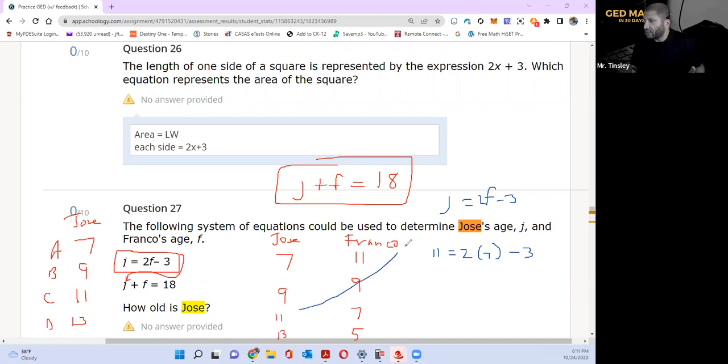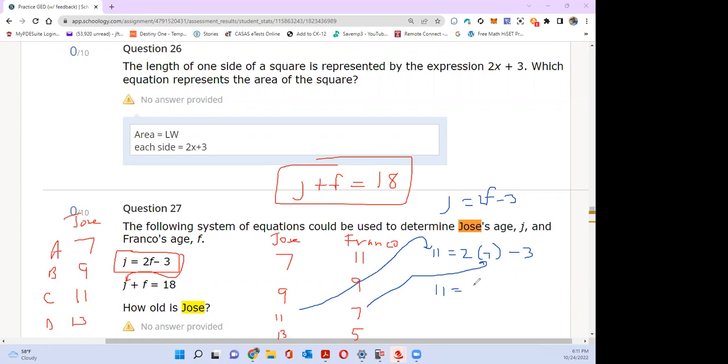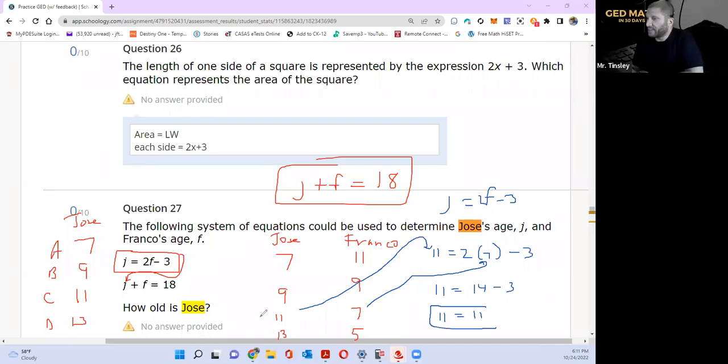So the 11 is J, the 7 is F. 11 equals what's 2 times 7? 14. What's 14 minus 3? 11. Ding, ding, ding! Jose is 11. Franco is 7.